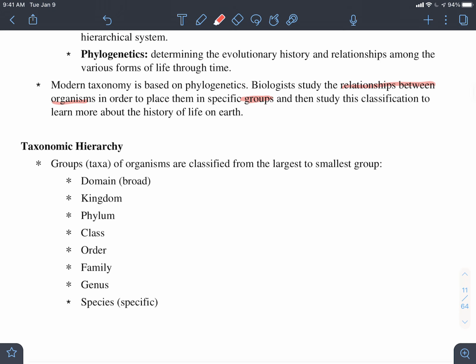This is one of the ways that we previously organized life. It should be said that this is a debated format now.